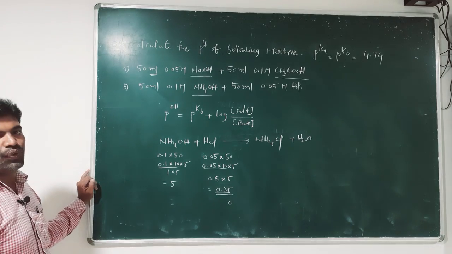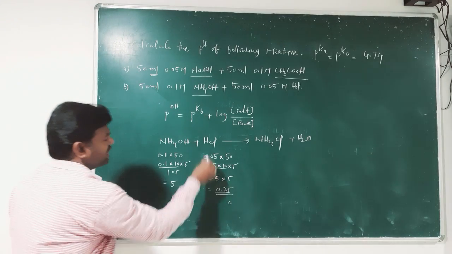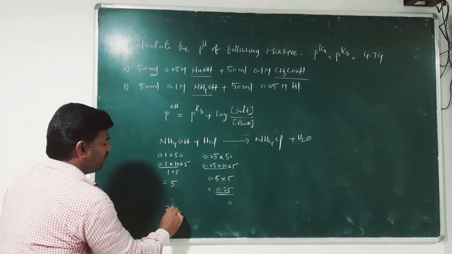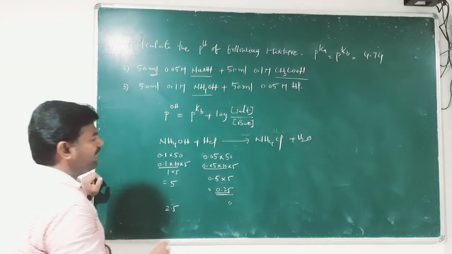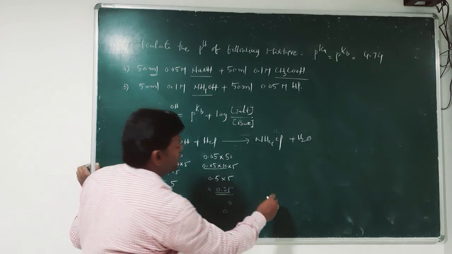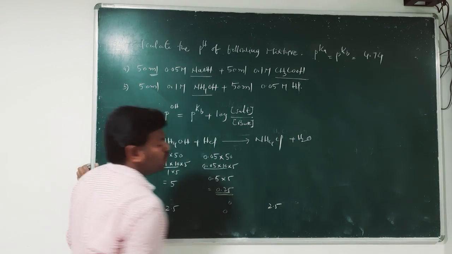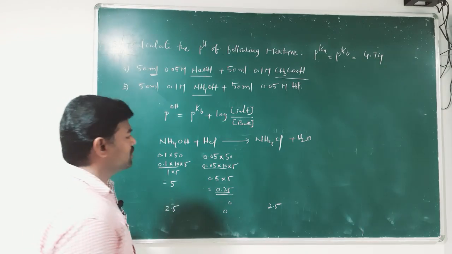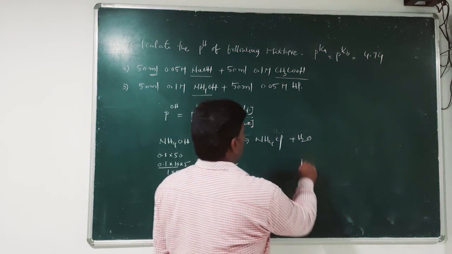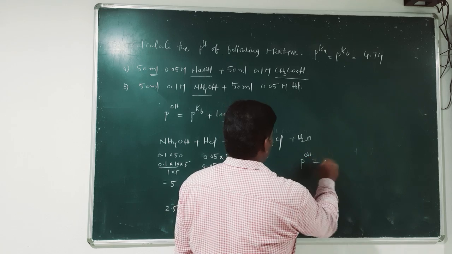After the reaction is over, HCl is the limiting reagent and 2.5 millimoles of base remains, and the acid is 0, and the concentration of salt is 2.5 millimoles. Now we are able to calculate the pOH. So pOH is equal to pKb.